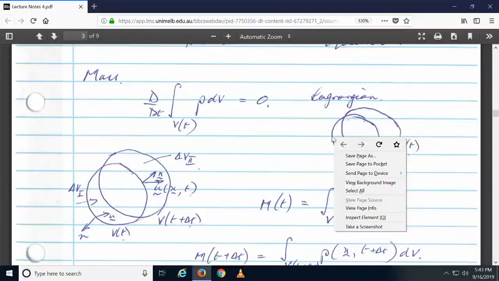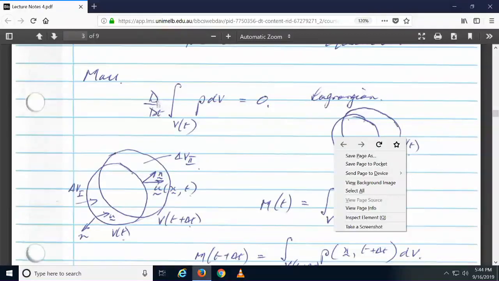So, what would conservation of mass be? It means that if I had a volume of particles, and the density of the particles could change, but I keep track of the same molecules, then the derivative following, the total derivative, d/dt, means following a fixed set of particles.